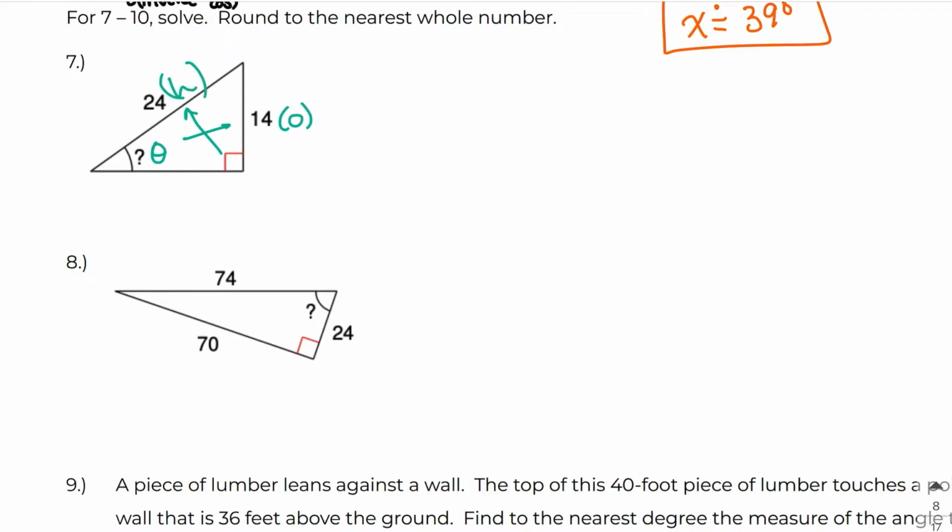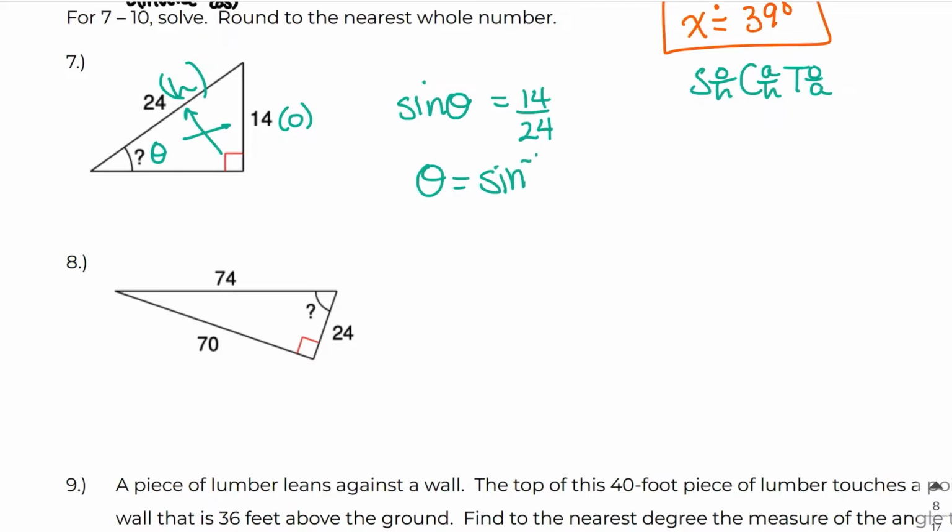I'm just going to write out SOHCAHTOA on the side right here. And I know that sine of theta is going to be 14/24. So to get that theta out of there, I have to do the inverse sine of my ratio, which is 14/24.